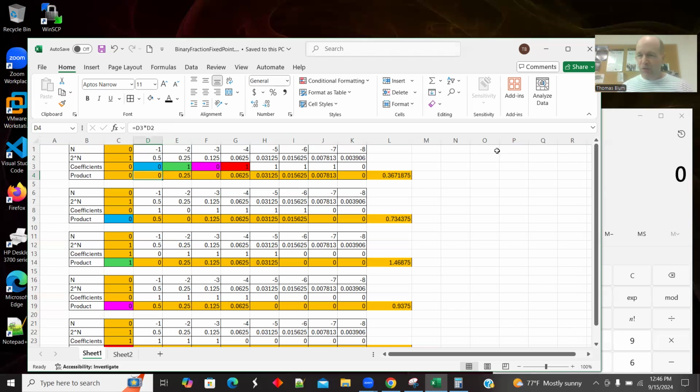So I had 0 halves and 1 quarter and no eighths and 1/16th and 1/32nd and 1/64th and 1/128th. And that all added up to 0.367. It's just some example number.